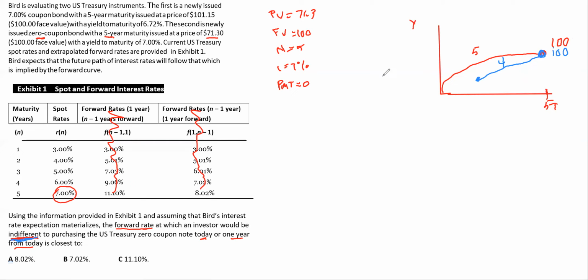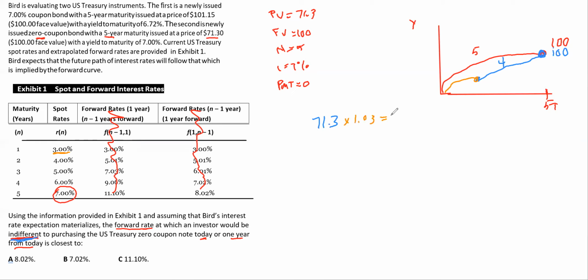So how do we crack the code on this? Well, I could take my $71.30 and invest it for 1 year. What am I going to invest it at? Come back to the spots. I'll invest it at 3%, or the forward. So times 1.03.